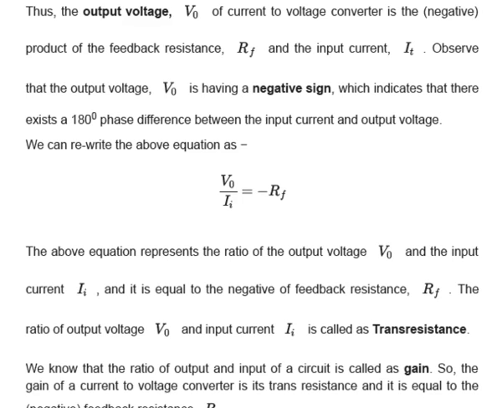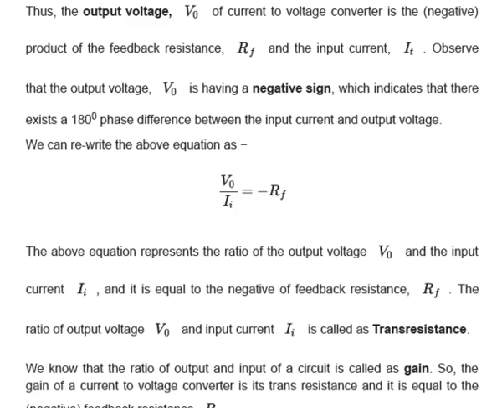Thus, the output voltage V0 of the current to voltage converter is the negative product of the feedback resistance RF and the input current Ii. Observe that the output voltage V0 has a negative sign, which indicates that there exists a 180 degree phase difference between the input current and the output voltage.